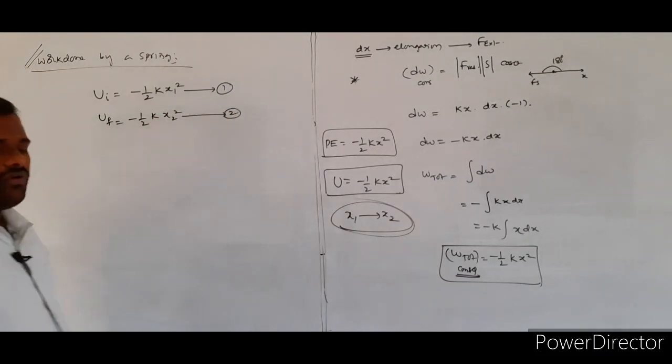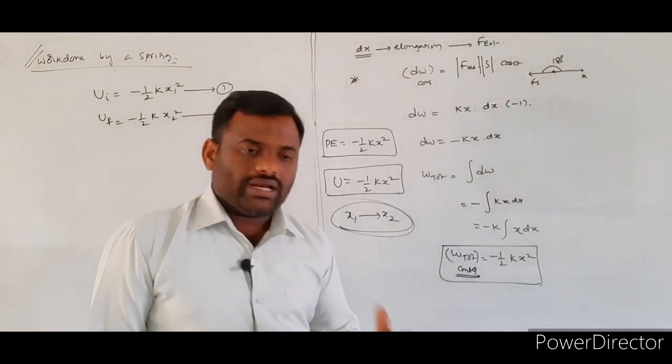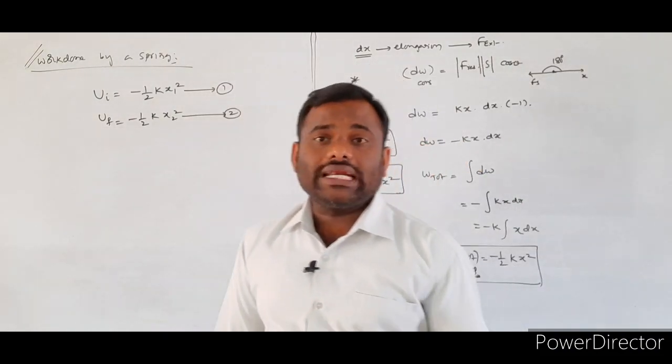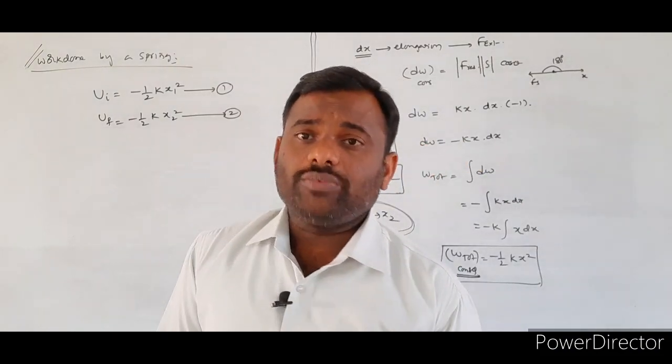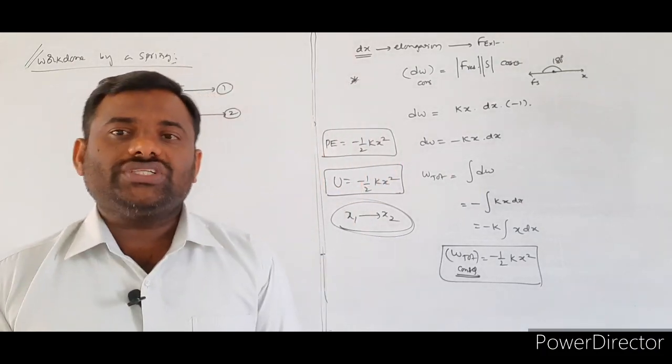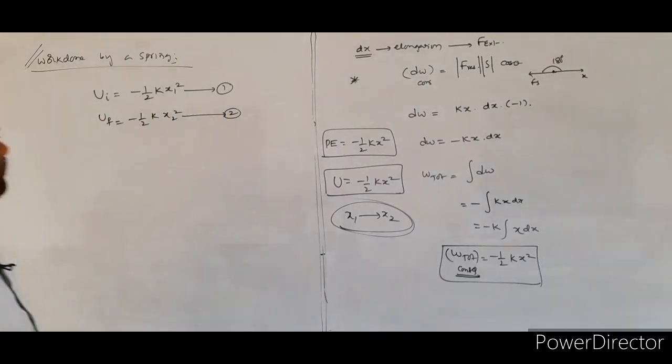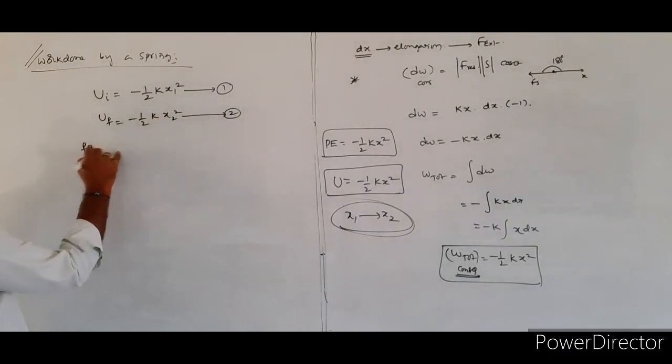What is the work energy theorem? Work done is equal to change in kinetic energy. So we can also write that work done is equal to change in potential energy for conservative forces.